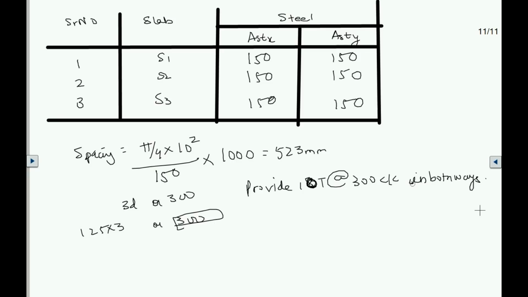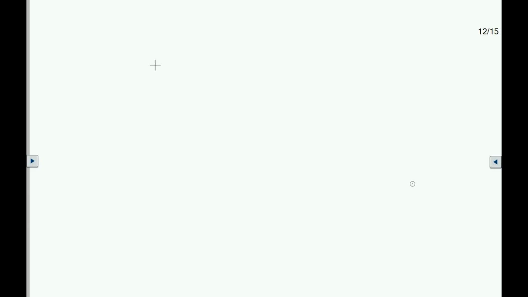Now one thing you have to remember, that in case of two-way slabs, once again I'll show you a figure and then I'll explain. In case of two-way slab, there is always a negative moment at the support. So what we do is we will bend half of the steel and take it into the supports. The bending moment at the continuous edge will be somewhat like this.